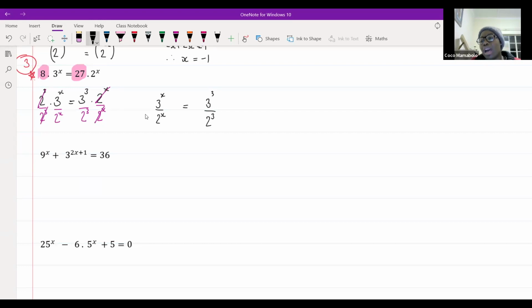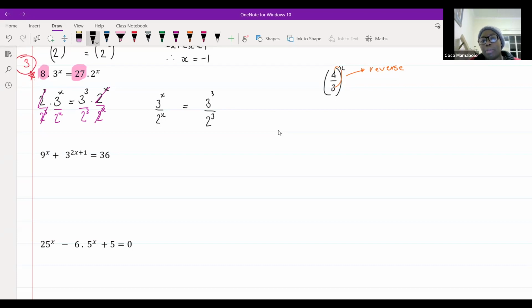Now, I know, guys, if I say to you I've got 4 over 3 all to the power of x, I can distribute that x to each of these. So what I'm going to do over here is use this rule in reverse. I'm going to take x out of both of these.